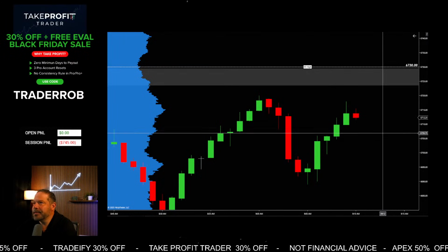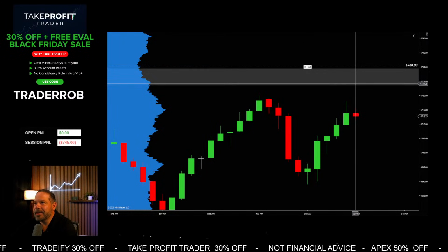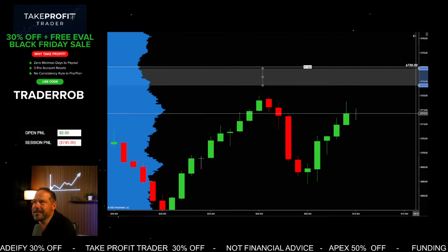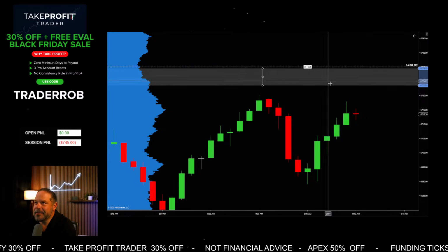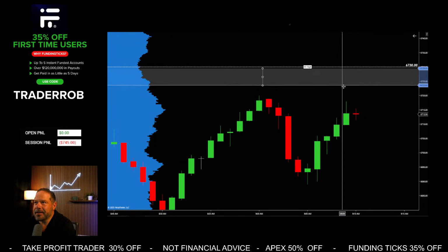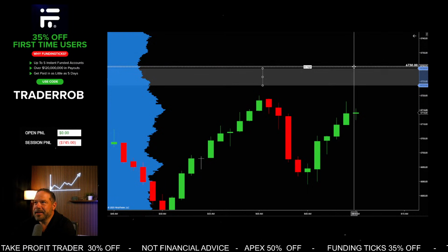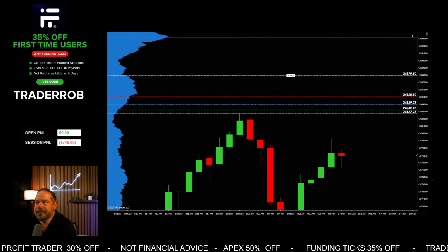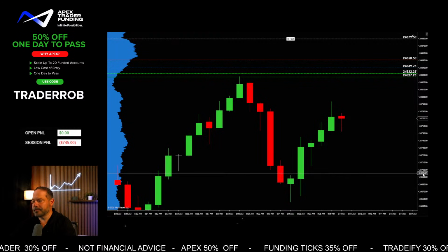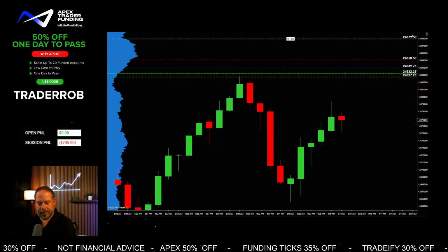It'd be very hard unless you get a great footprint confirmation, pretty much at the 67.23s. This goes all the way up to the 29, but this would be the area of interest that I found. This is my unbalanced volume, but it could become very sweepy here. Let's see what happens.